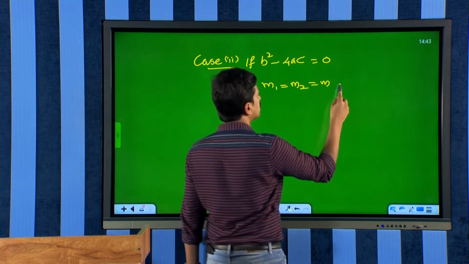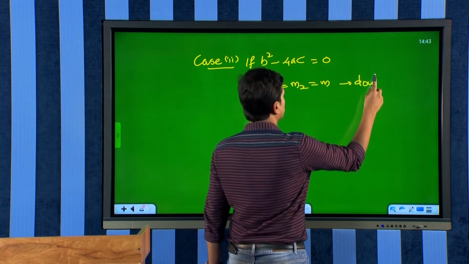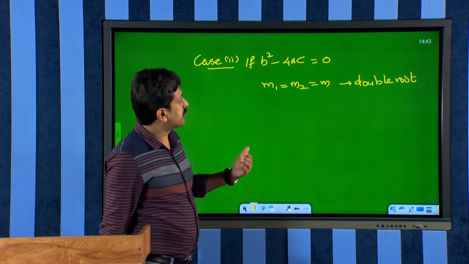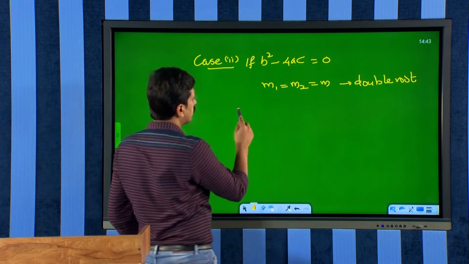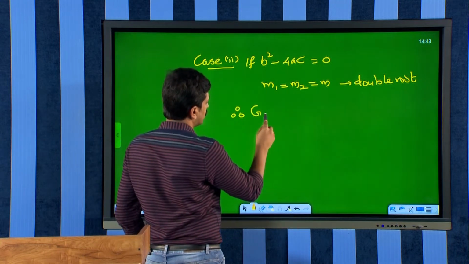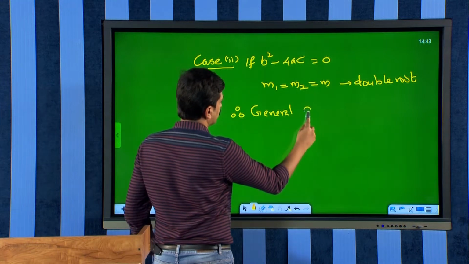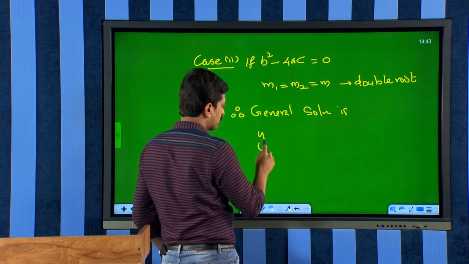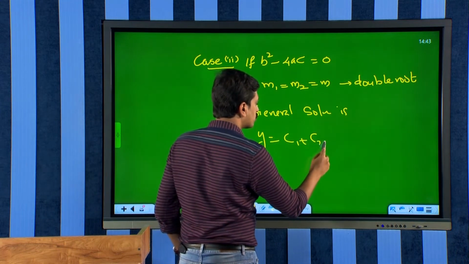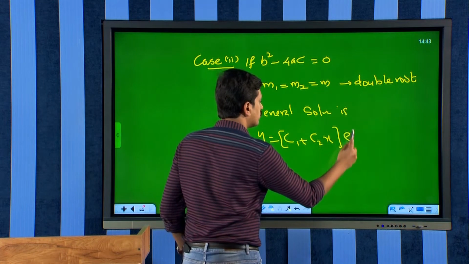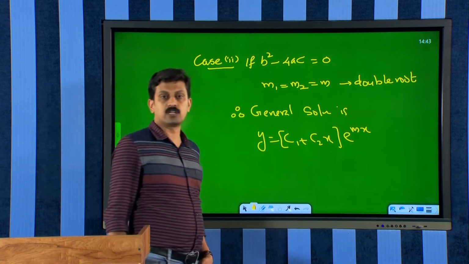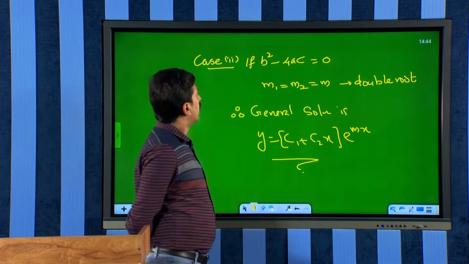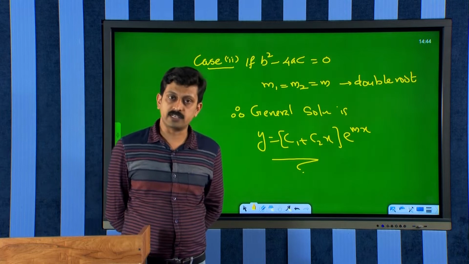That is the case of a double root. Therefore, the general solution is y is equal to c1 plus c2 x times e raised to mx. This is the general solution in this case. These two cases we already discussed.